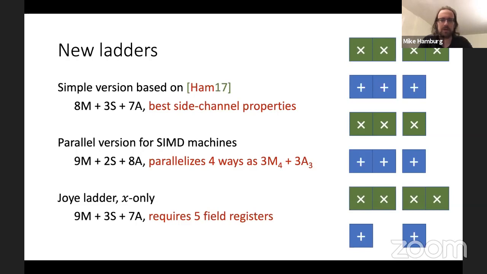So you have only 3 multiplies and 3 adds, but in parallel. And then there's a Joye ladder, which is a little bit slower, but it requires less memory than any scalar multiplication implementation that I've seen before. Only sort of 5 field registers plus the scalar and curve constants.